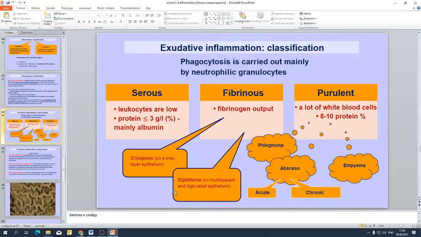If acute, a short time. And if, for example, chronic inflammation, it may need a week, maybe a month, for the development of full inflammation. Okay, answer only my questions.